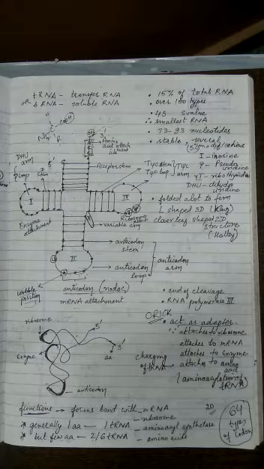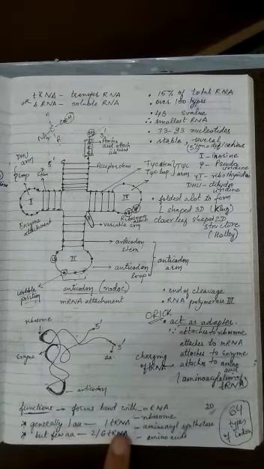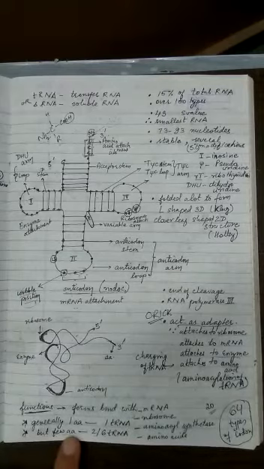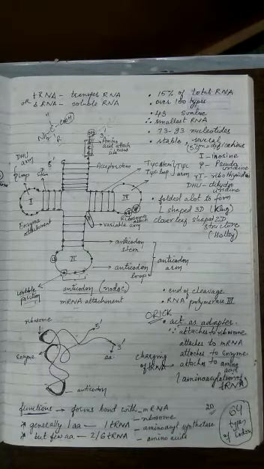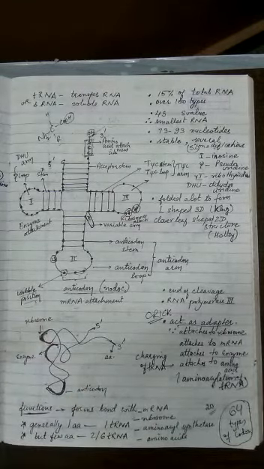There are different types of tRNA for different amino acids, and remember, one amino acid is generally carried by one tRNA, but there are exceptional amino acids for which 2 to 6 tRNAs are possible. This is all because of the wobble position. We will be understanding it later, not now.